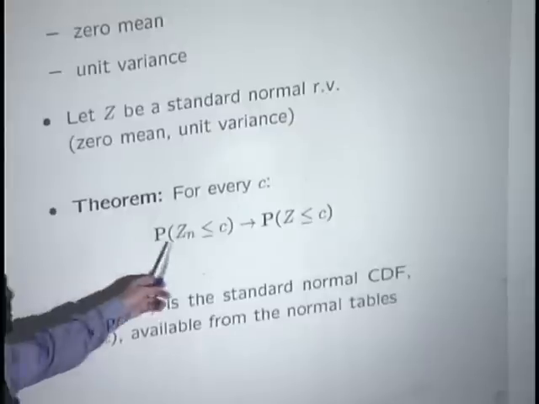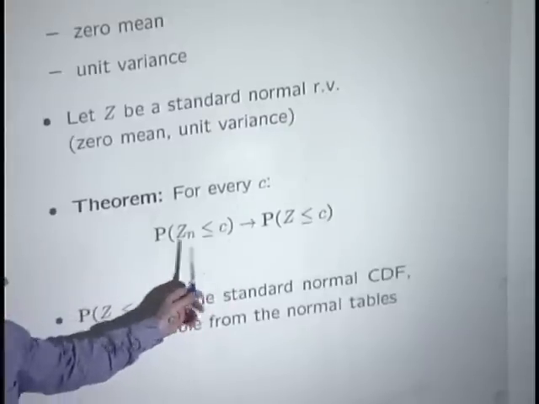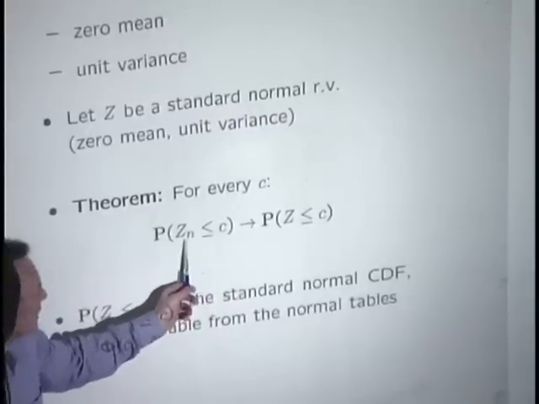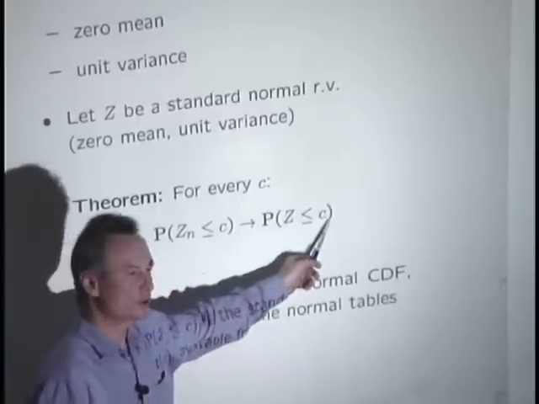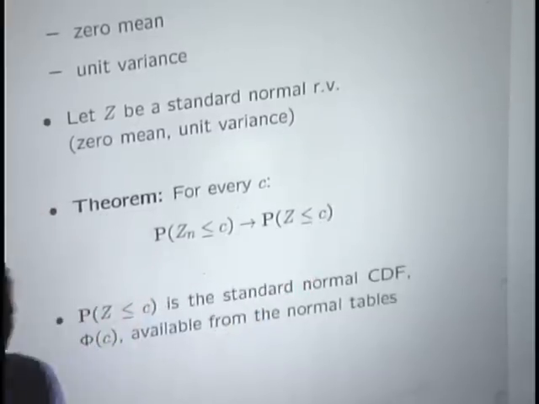This quantity as a function of c is the cumulative distribution function of the random variable Zn. This is the cumulative distribution function of the standard normal.